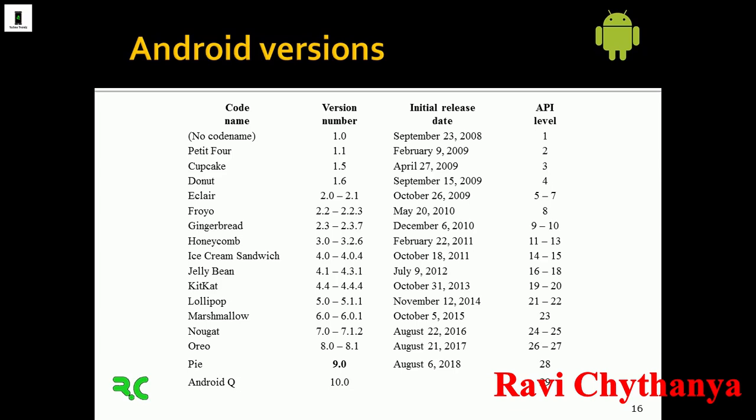The first version didn't have any code name, which we can call alpha, version number 1.0, and Cupcake, version number 1.5, was released on April 27, 2009. So like this we have the introduction to Android.